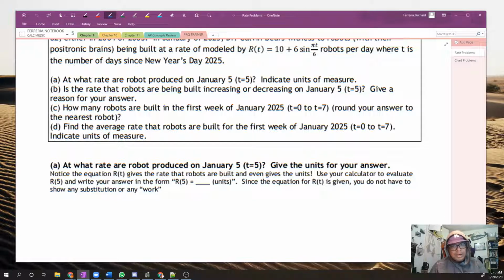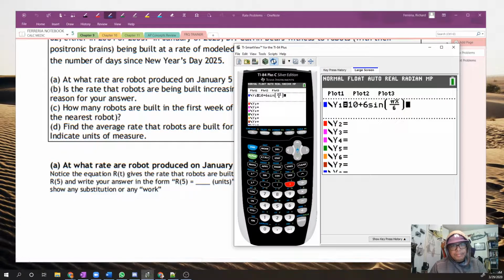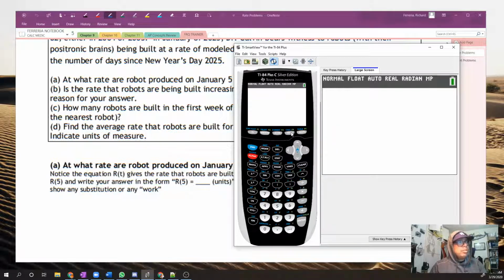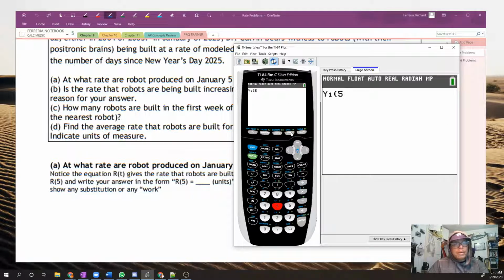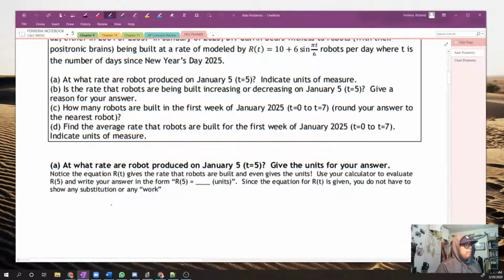Let's see, what is R(5)? Well, I've got it in my calculator at Y1. So I'm just going to figure out what is Y1 when t equals 5. 13. Okay, so R(5) equals 13.